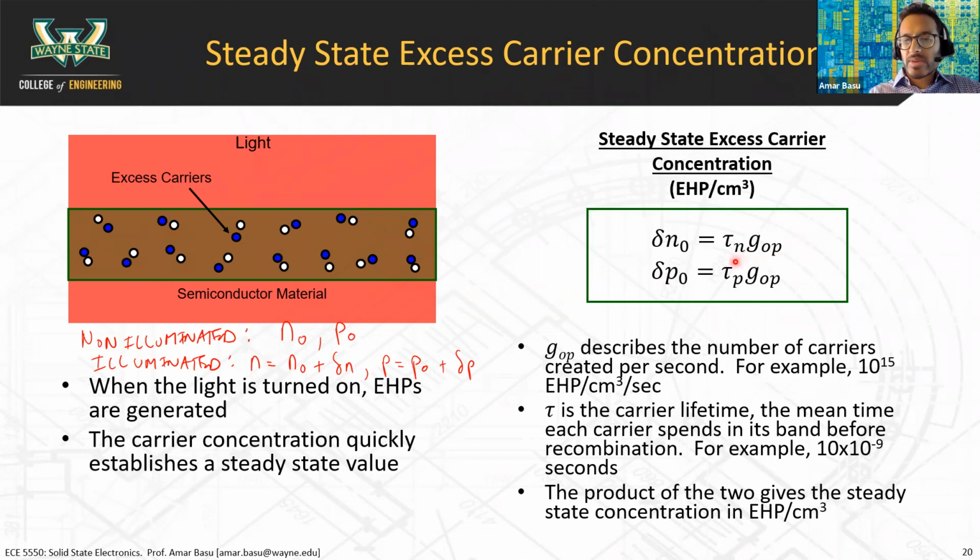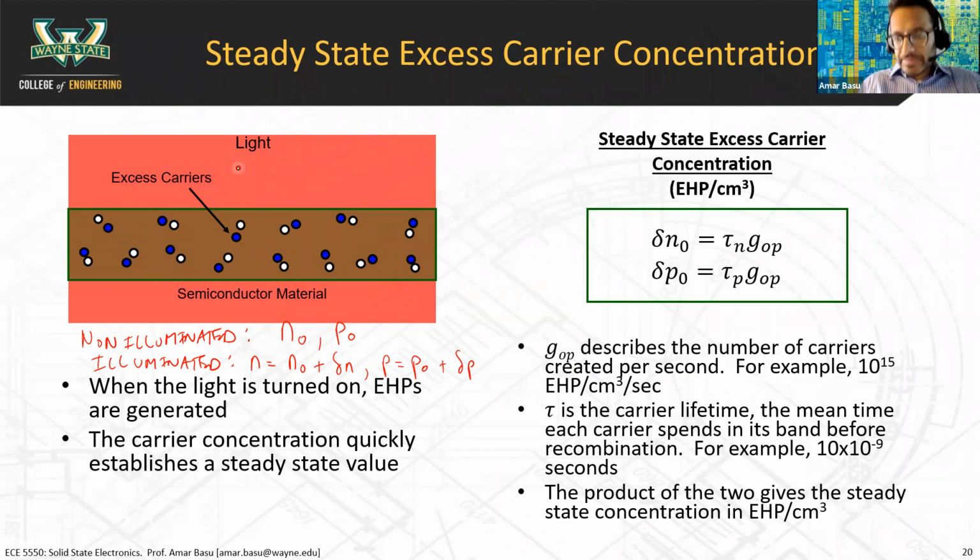Let's look at what those individual components are. G_OP describes the number of carriers created per second. So G_OP has to do with the light source here. As I said, the more intense the light source, the more carriers are going to be created per second.